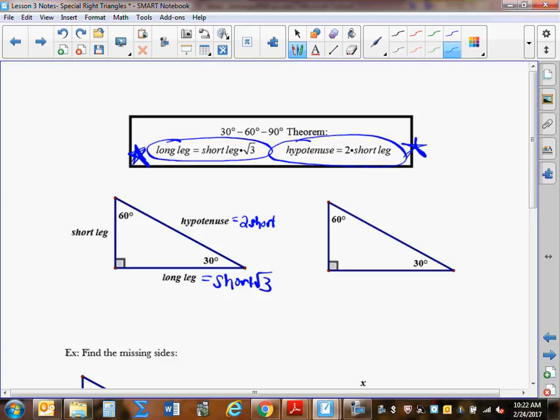Again, it's short leg. You double that for your hypotenuse, multiply it by root 3 for your long leg. Yes?